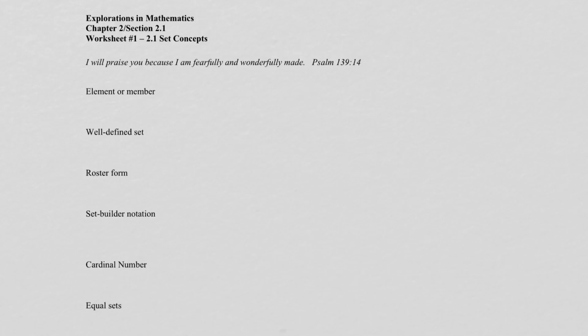So first of all, set concepts is what we're going to be studying this whole chapter. And I just want to point out quickly that the founder of set theory, which is basically about organizing and classifying information, is a guy by the name of George Cantor.